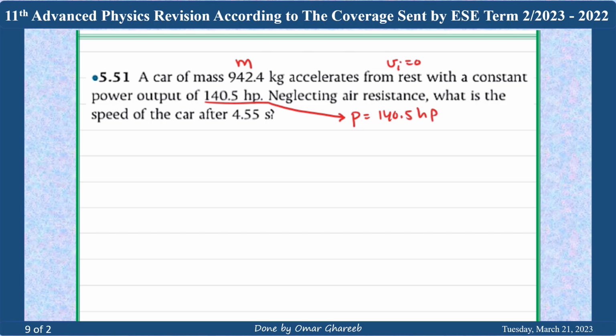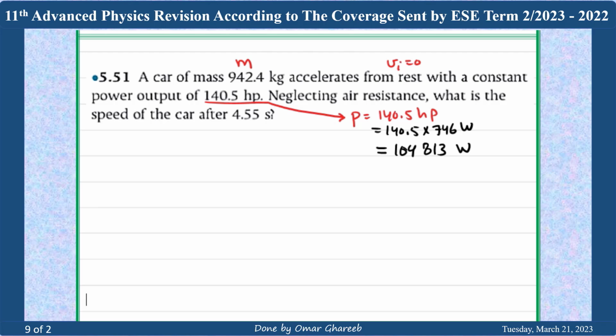Convert it into watt. It is 140.5 times 746 watt. Then the answer is 104,813, and it is in watt. If you use this number, don't round it, use it as it is, and then round at the last stage, okay? Or use the expression as it is.